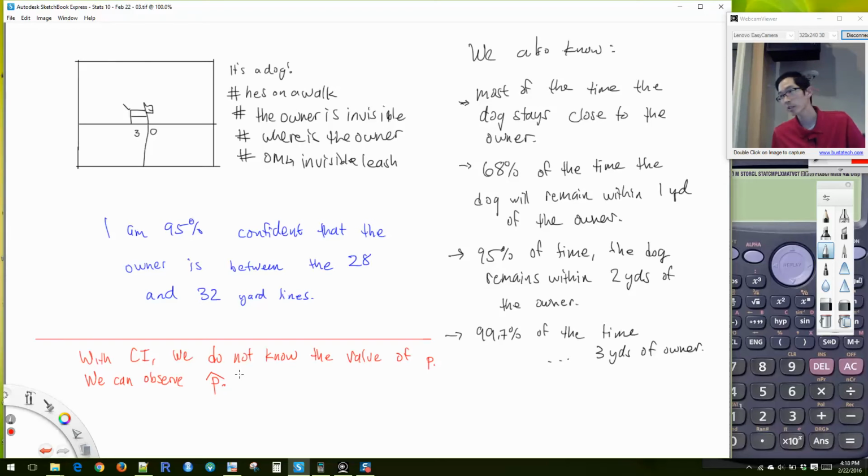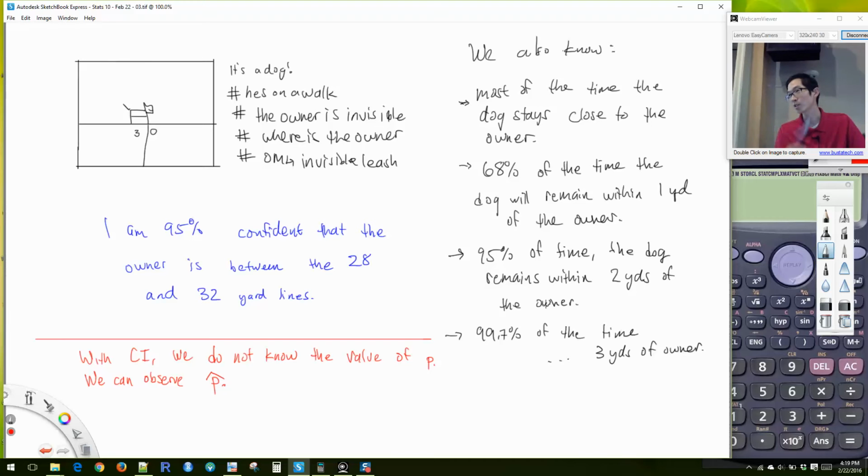From our understanding of sampling distributions, we basically know that p hat behaves kind of like the dog in relation to the owner. Okay, so if you think of the owner as the population proportion, we know that random samples taken from the population will have p hats that follow a normal distribution centered at the population proportion.